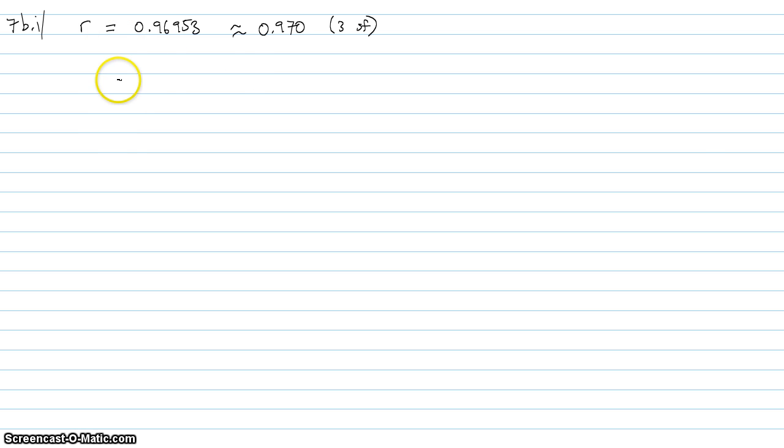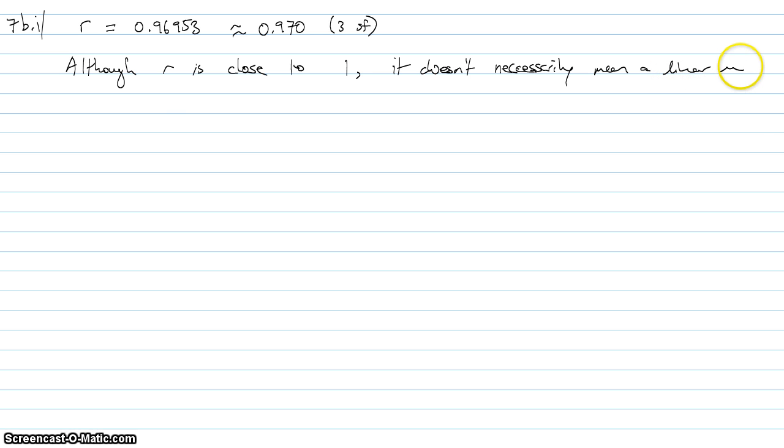However, this isn't enough. Although it is close to 1, it doesn't mean that a linear model is appropriate. Why?